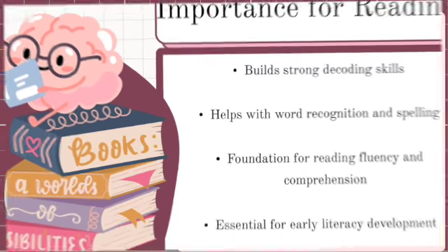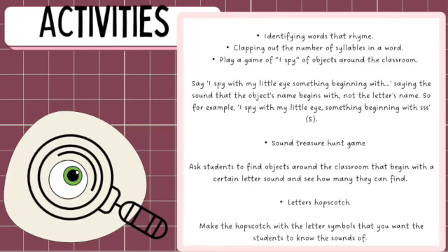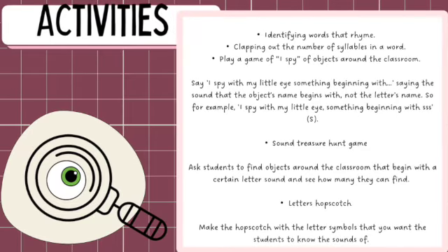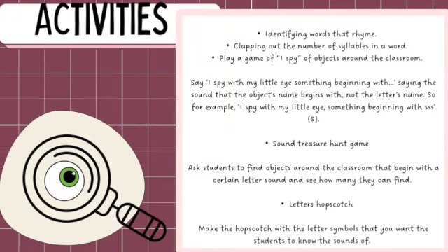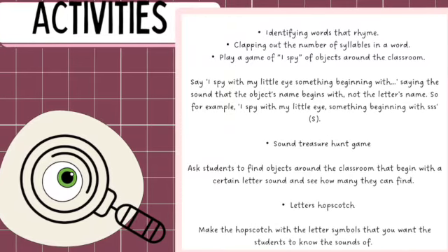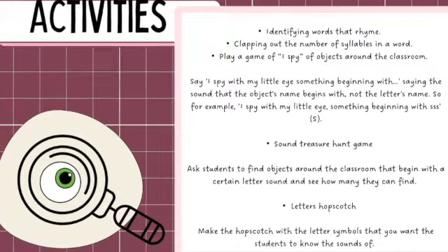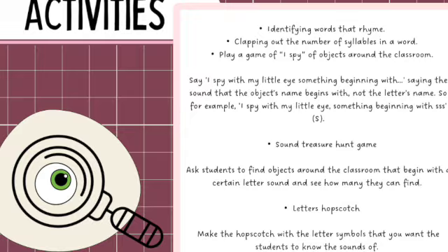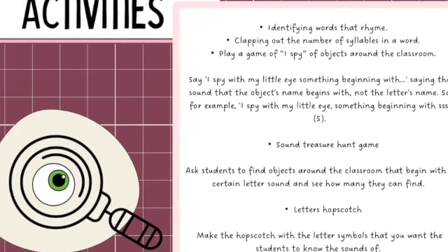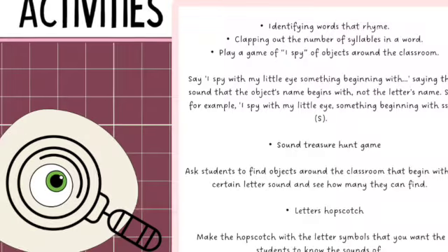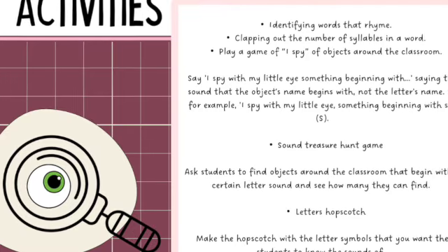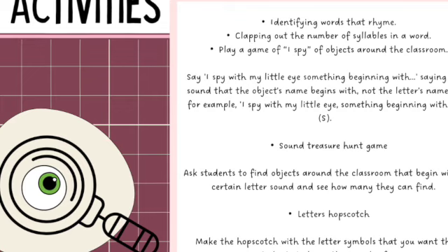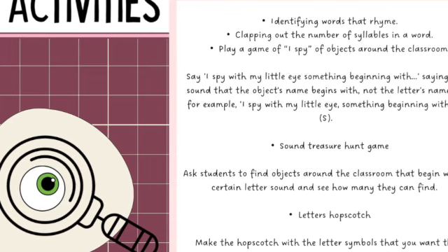Then there's a game of I Spy, where you will have your students look for objects in the classroom that begin with a particular letter sound that you're trying to have them learn. So maybe you can say, look for words that begin with the S sound. And those are just a few of the games that you can play.